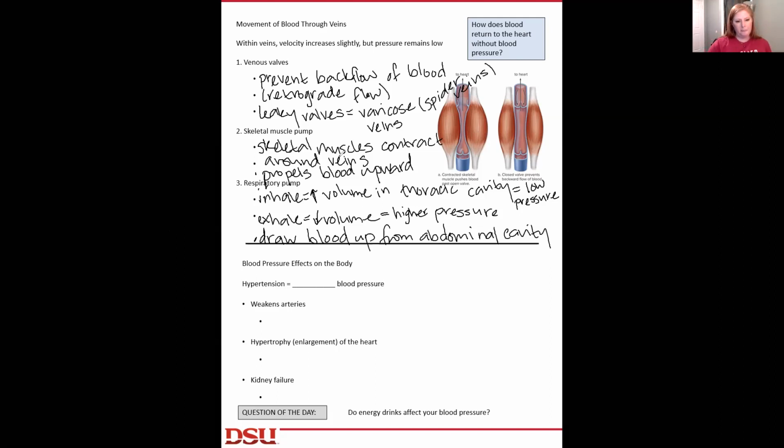Yeah, okay. So blood pressure effects on the body. We already know that high blood pressure is called hypertension. Hypertension weakens the arteries, and it can cause artery rupture.